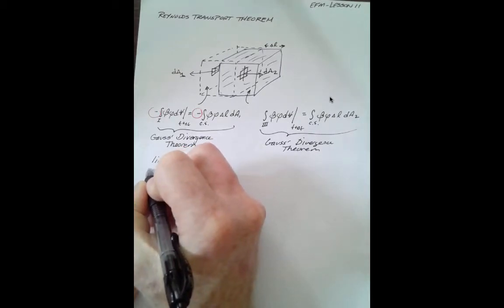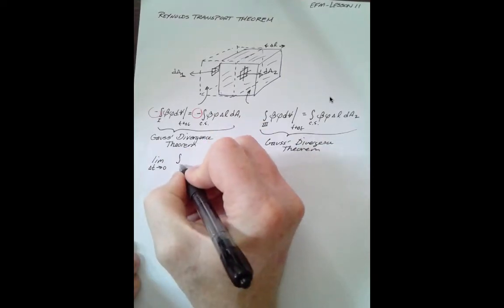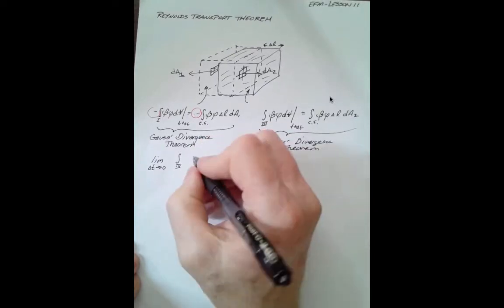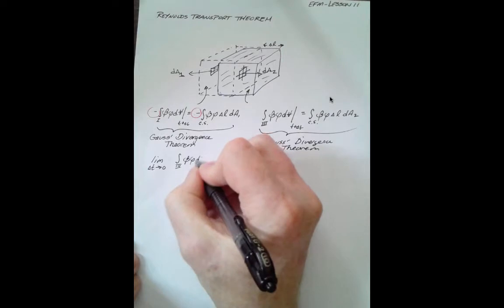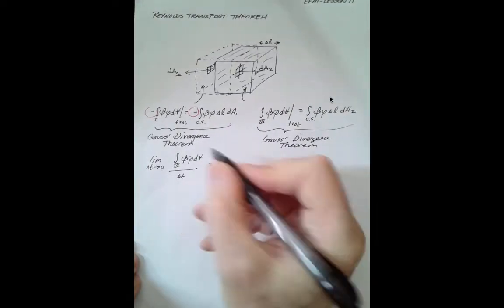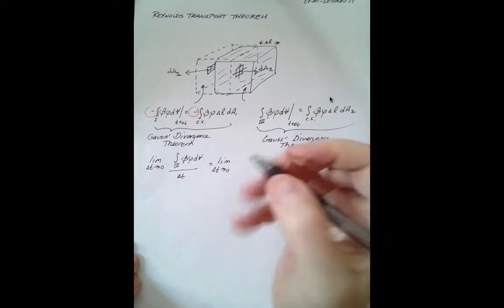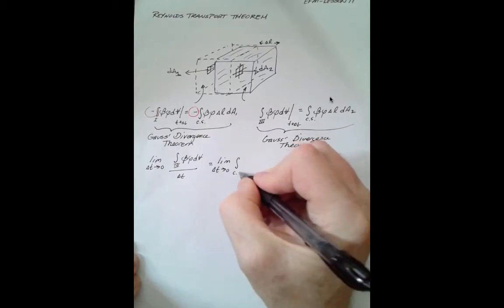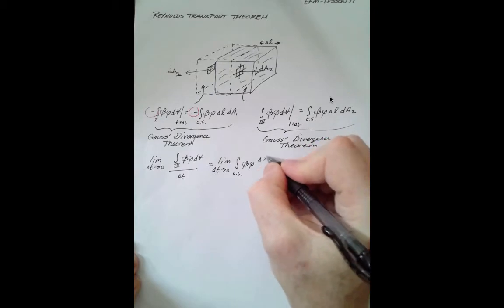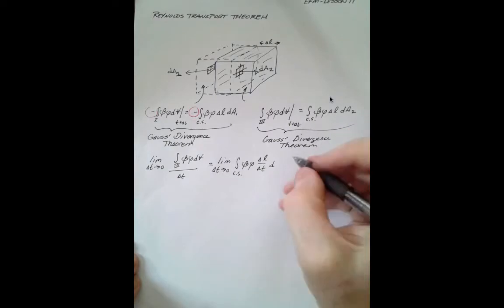So the limit as delta t vanishes of the integral over zone 3 of beta rho d volume with respect to time by Gauss's divergence theorem is equal to the limit as delta t vanishes of the integral over the control surface of beta rho delta L over delta t dA2.